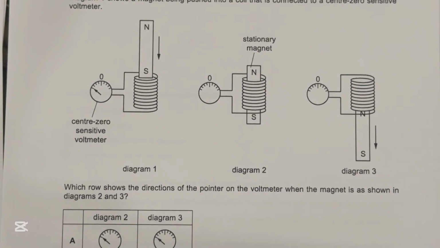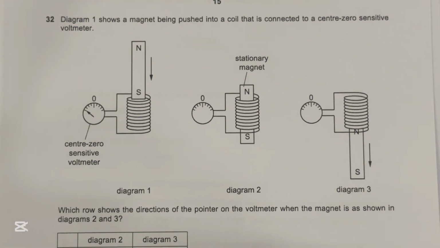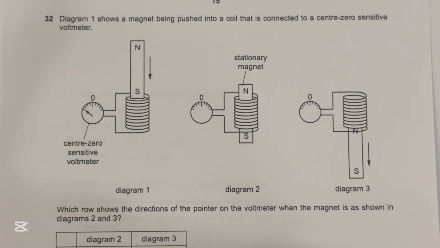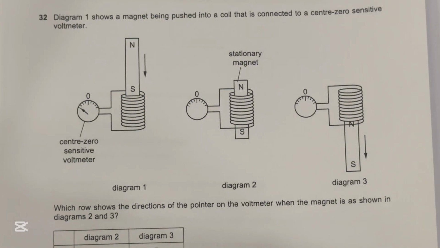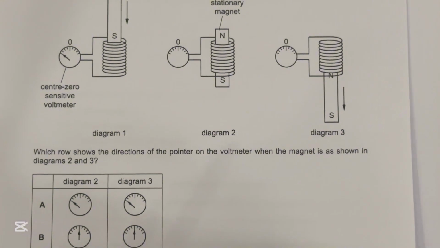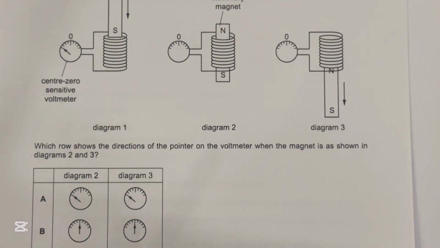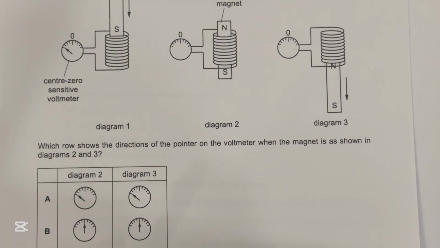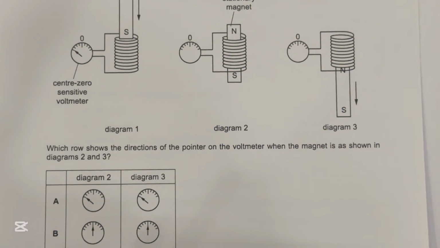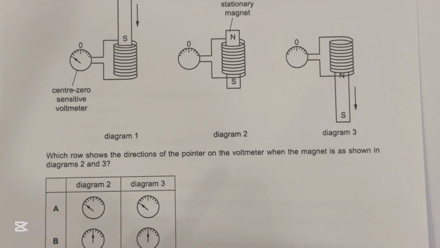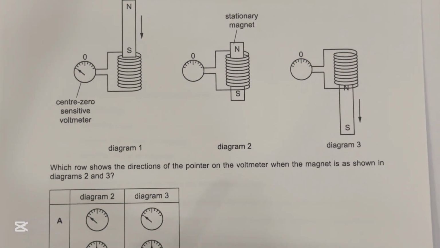The diagram shows a magnet being pushed into a coil that is connected to a center zero sensitive voltmeter. Okay, which row shows the direction of the pointer on the voltmeter when the magnet is as shown in diagrams 2 and 3. Okay, diagram 2. In diagram 2 it is a stationary magnet, so it should not be deflected.